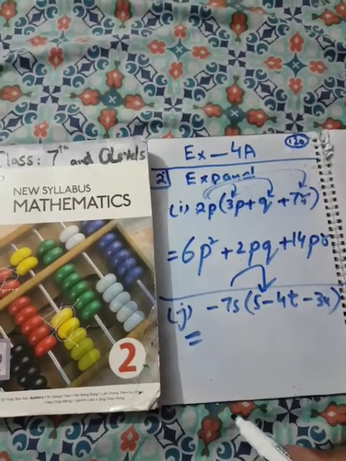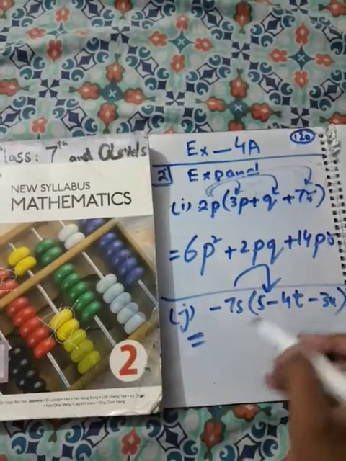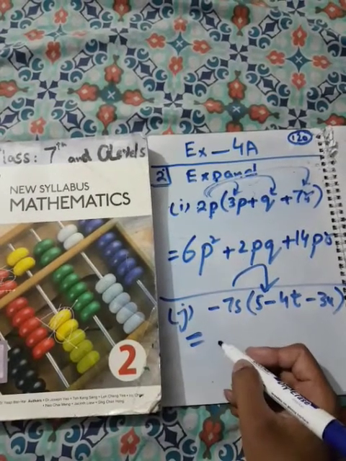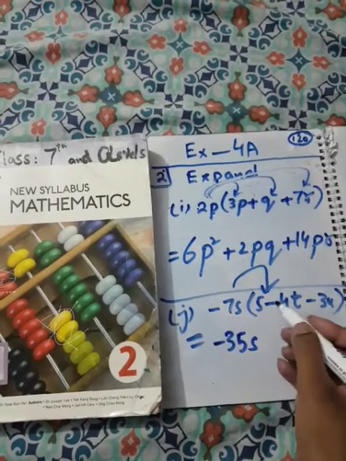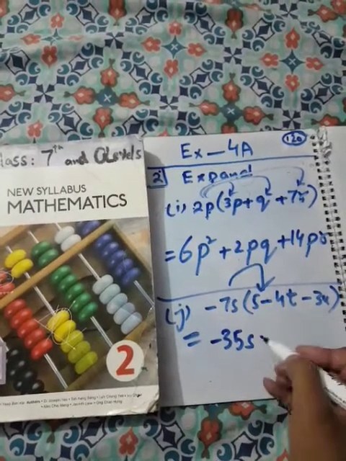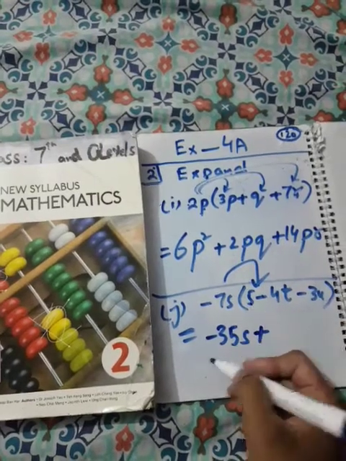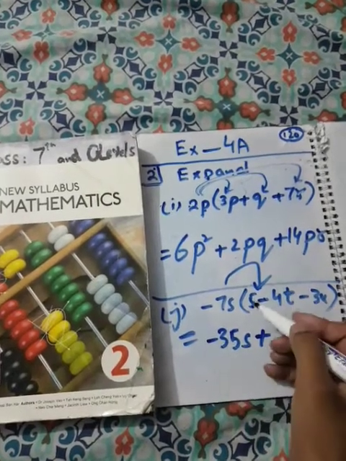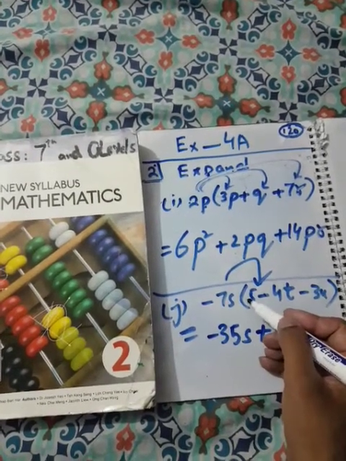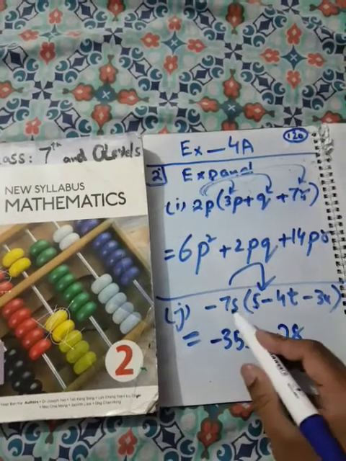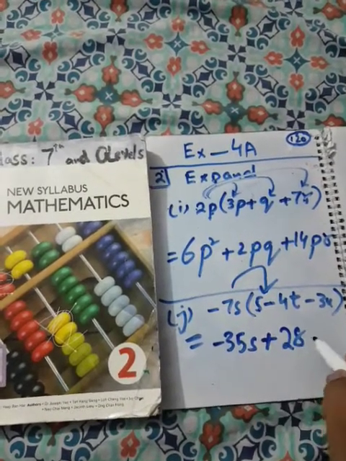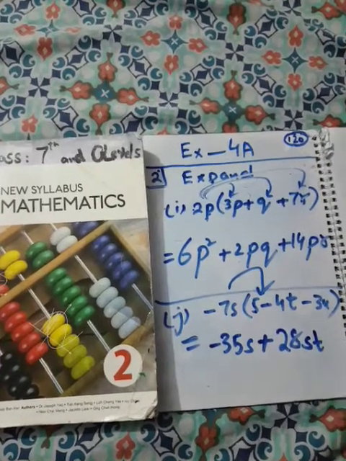If you couldn't do it or there was some confusion, 7 times 5 will be 35s. Because of the minus sign outside, the signs inside the bracket will be changed. Minus will be changed into positive. 5 has been turned into negative now, because 5 contained the positive sign behind it, which is invisible. 7 times 4 will be 28, and s from here and t from here.